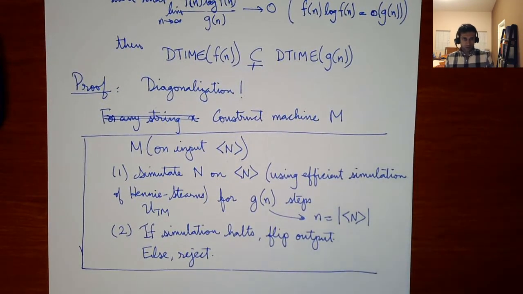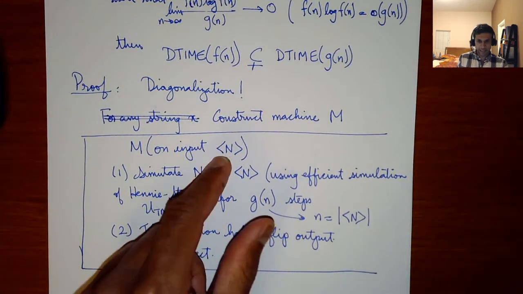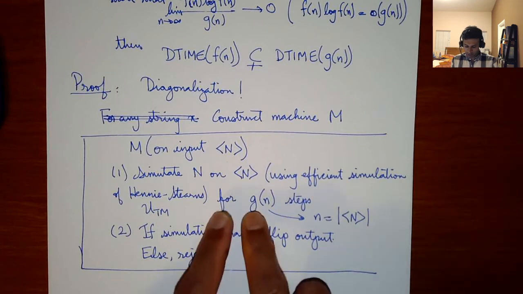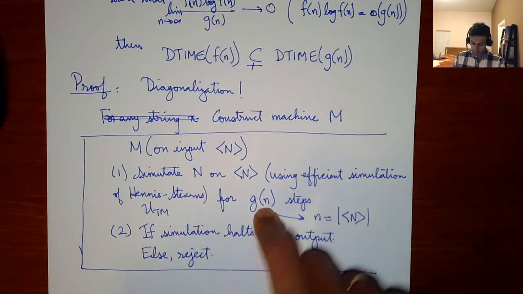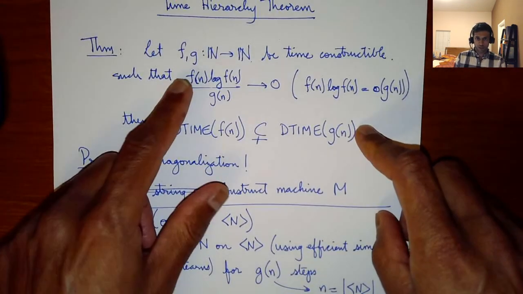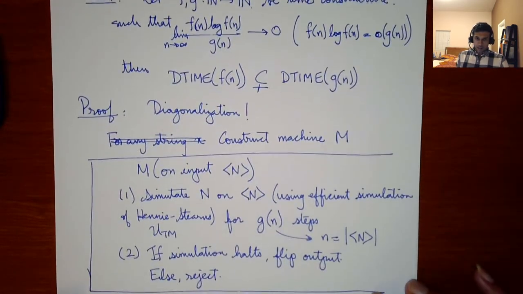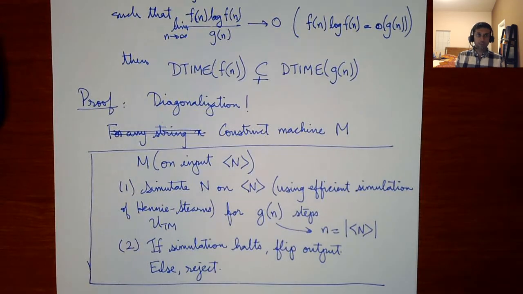What this Turing machine M is going to do is take its input, which it interprets as a Turing machine, and simulate that on itself, on n. So it takes n as the input and just simulates it on that string using an efficient simulation. It's going to run this for g of n steps. Remember, g of n is the larger function. And if the simulation halts, it's going to flip the output.